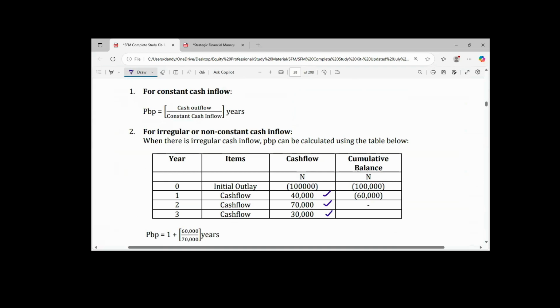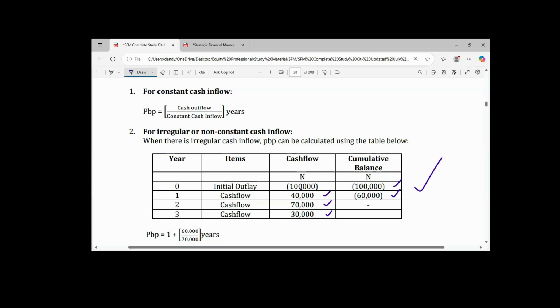So when you have this kind of situation and you have to calculate the payback period, you bring out your calculator: 100,000 in year 0. This is the same format I expect you to use. 100,000 minus 40,000 in year 1, we have a balance of 60,000 at the end of year 1 to recover. Then you move to the next cash inflow. You will notice that the cash flow of year 1 is lower than the cash flow of year 2.